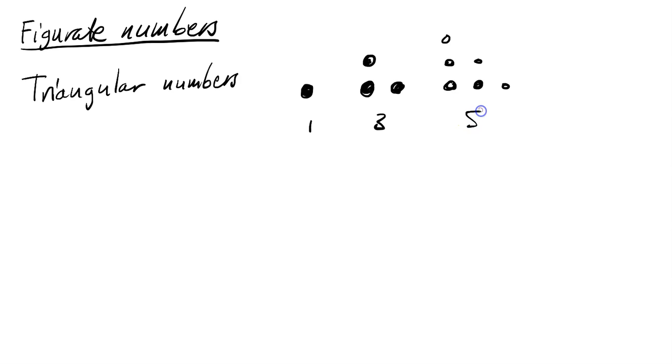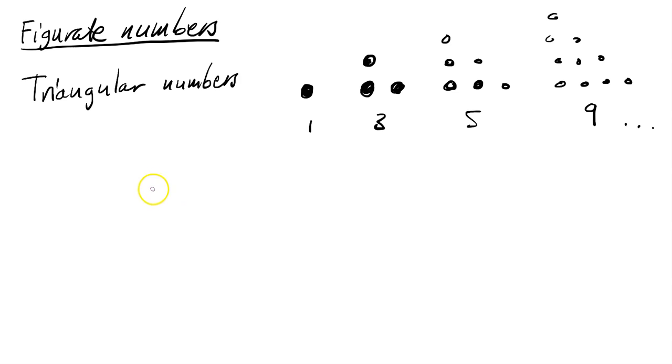This is 6 balls. And so on. So here we get this number sequence 1, 3, 6, 10. This sequence is called the triangle numbers because you can visualize it like this with triangles of balls, for example. Then you can have the square numbers and other figurative numbers.